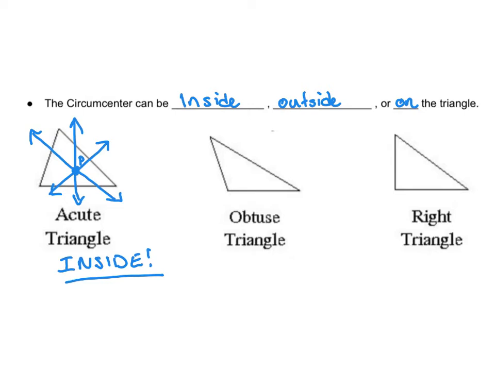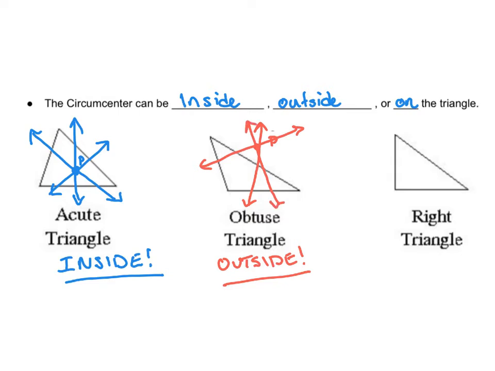Now, when we have an obtuse triangle, it's always on the outside. Okay, so our circumcenter is on the outside. We have a line going through here, a line going through here, and a line going through here.